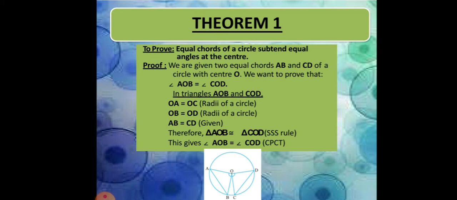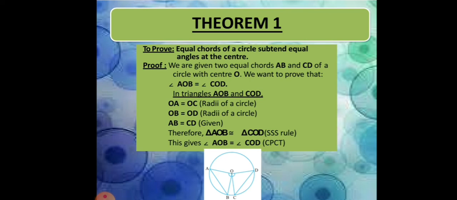For that, we take two triangles, triangle AOB and triangle COD. In triangle AOB and triangle COD, see, OA and OC are equal because both are radii of the circle. OB and OD are equal, same, both are radii of the circle. AB is equal to CD, both are equal chords of the circle.